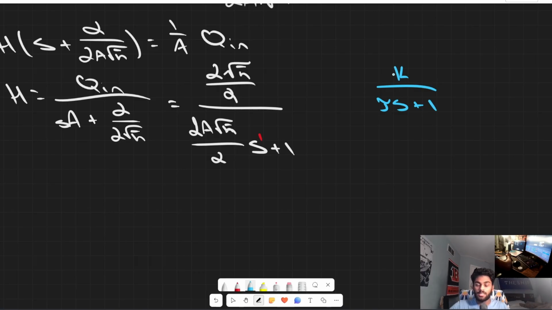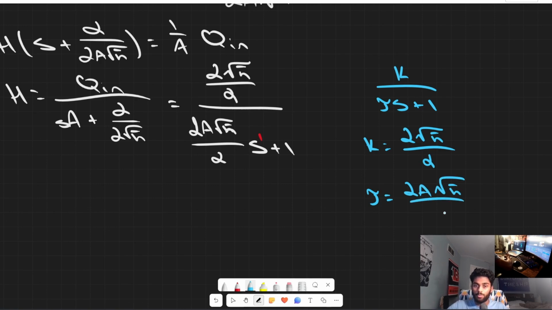So this is the standard form for our first order transfer function. Translating this to our derived transfer function for the height, our k is equal to 2 times root h bar over alpha, and our tau, our time constant, is equal to 2a root h bar over alpha.